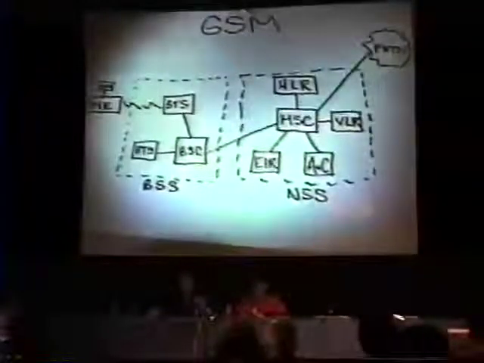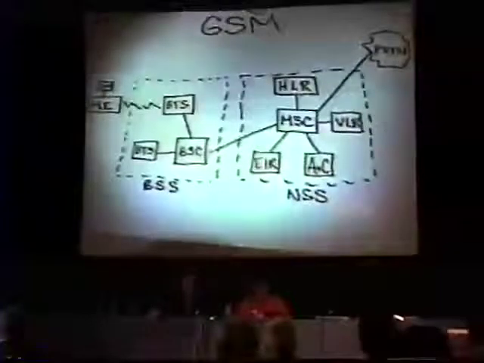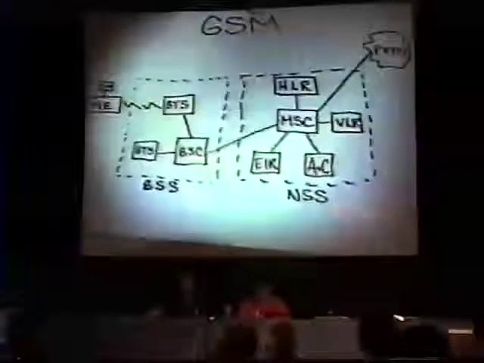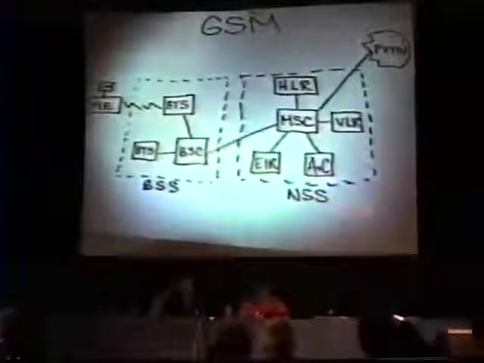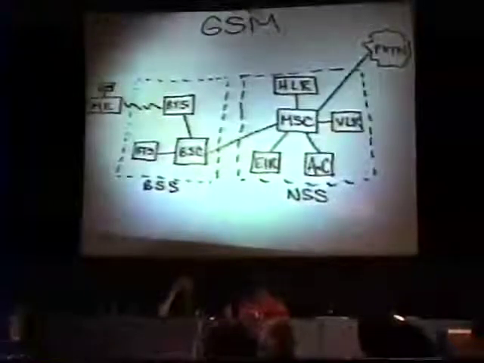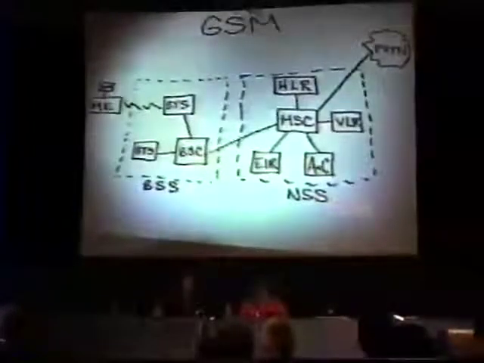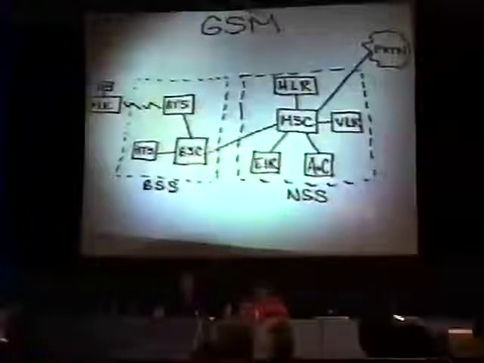After MTS came IMTS, the improved mobile telephone system. After that, they came out with AMPS, the advanced mobile phone system. So it's getting kind of redundant, but anyway, AMPS is the one that everyone's used to as being the relatively shitty analog cellular network that's extremely easy to clone and eavesdrop and so on and so forth.